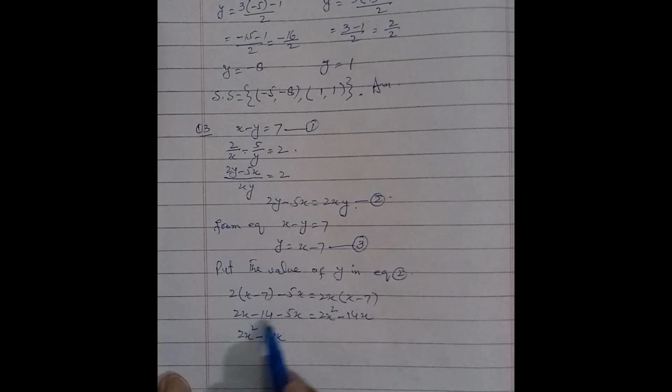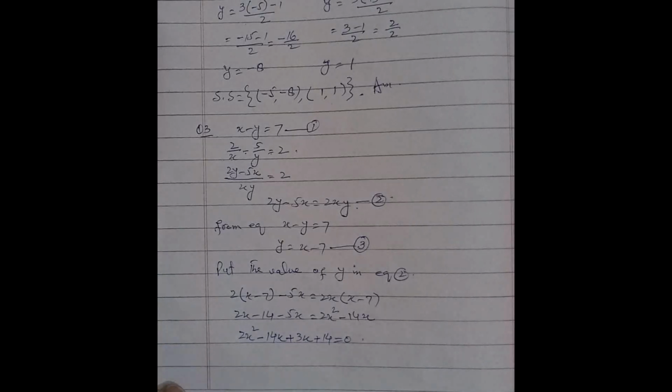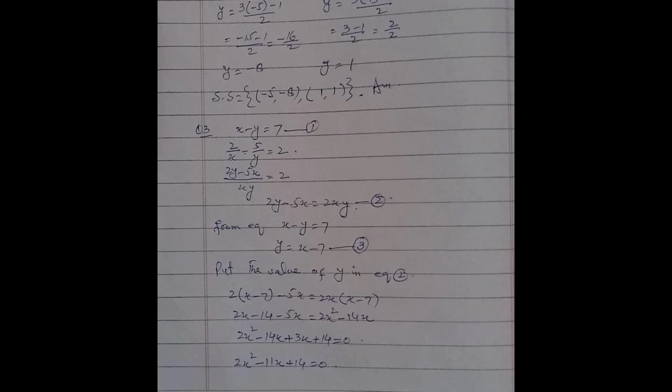Now simplify these values. We shift the left hand side values to the right hand side, and we get 2x minus 5x, we get minus 3x, and on the other side it is plus 3x. Minus 14, on the other side it is plus 14 is equal to 0. Now further simplify, we get 2x square minus 11x plus 14 is equal to 0. Now factorize the equation.